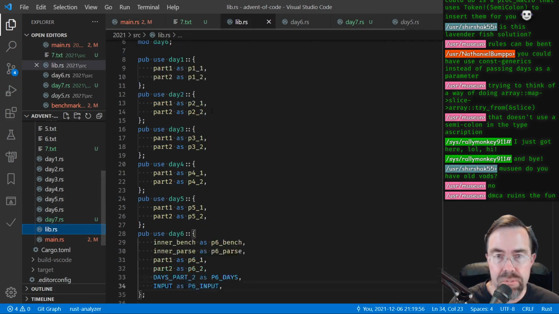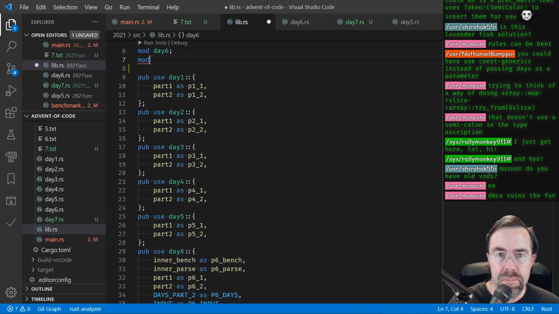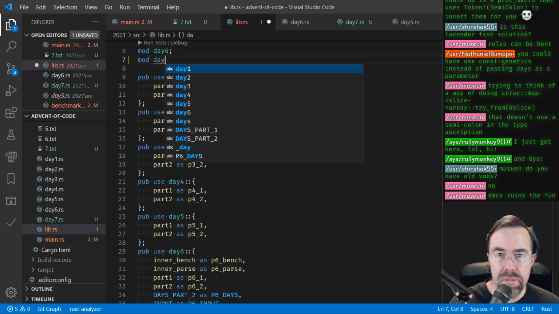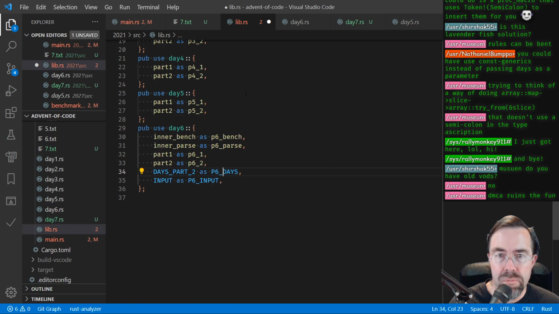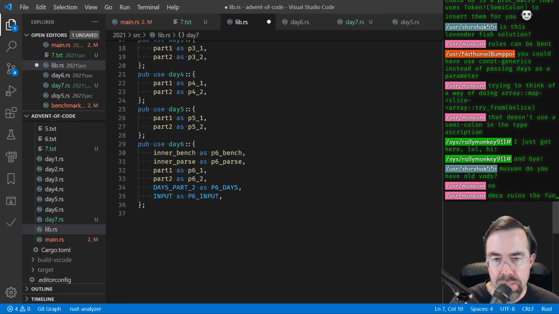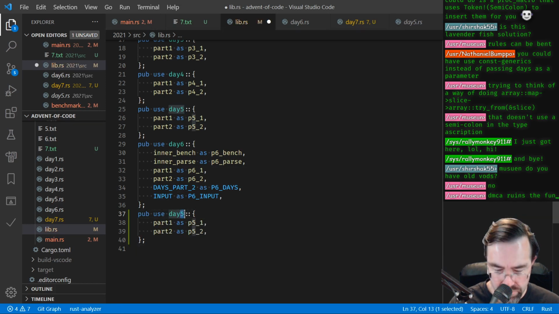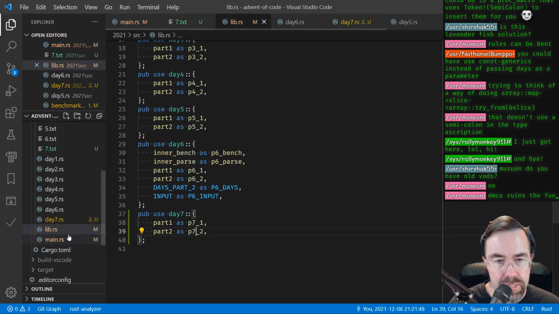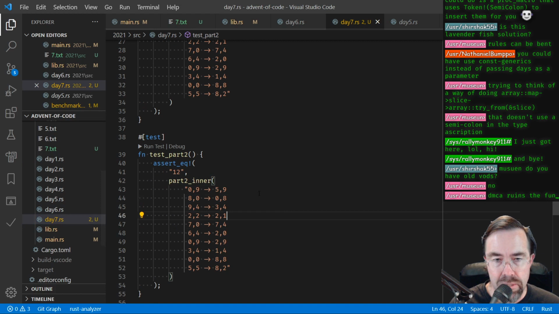So I need to also list a module for day 7 here. Whoops. And do another import. Day 6 is a little complicated because we wanted to compare with someone else who doesn't actually profile the parsing code, and so that's why that looked a little bit different.